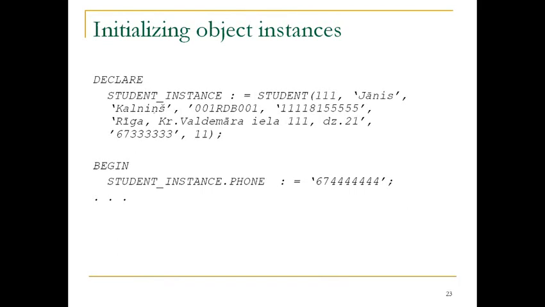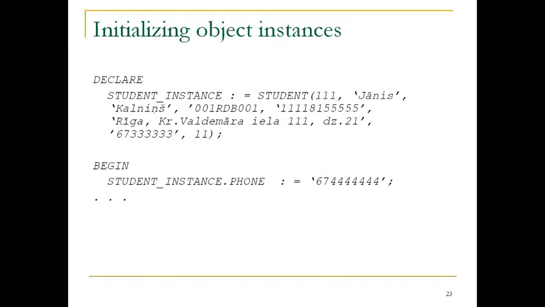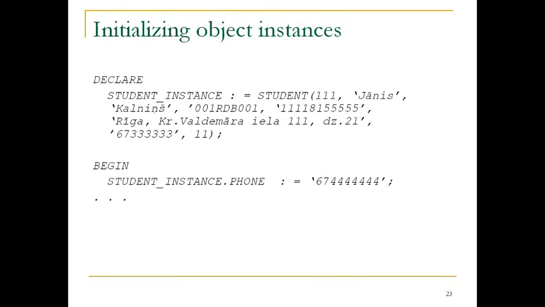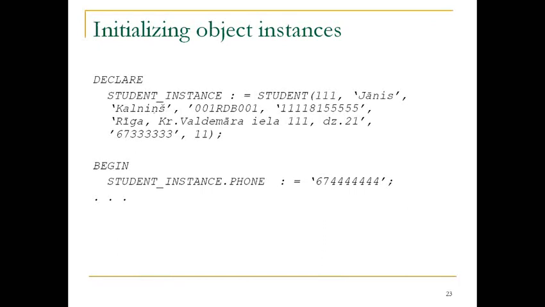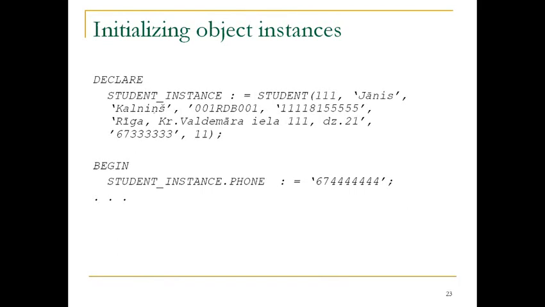For example, if the first parameter is ID, the second parameter is name, then the object should have the same parameters. And we give this name of the type or the name of the constructor, which is the same, all these values, and two things will be done.